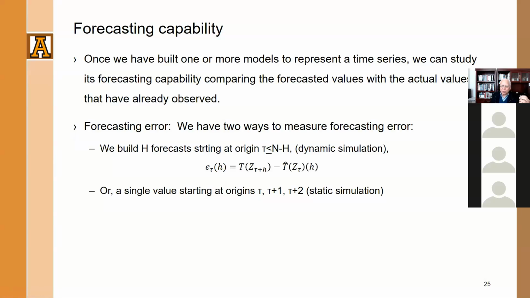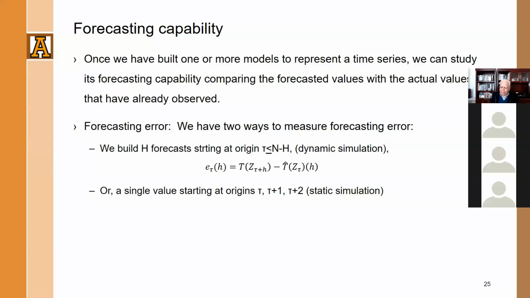That's called dynamic simulation: I remove the last 6 months, build a model with all the data before them, forecast those 6 months, and compute the errors on them. Another way is what's called static simulation, where we have a single value that we forecast starting at different origins.